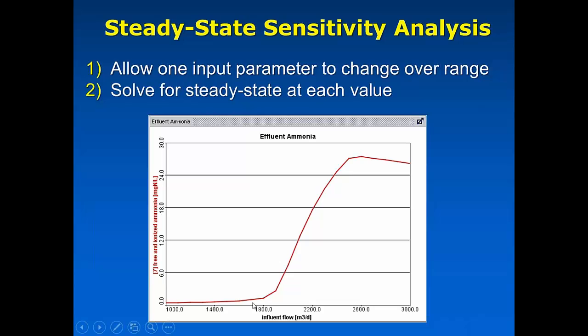So you're going to specify, I want to run this simulation over and over again while I change the influent flow from 1,000 up to 3,000 meters cubed per day. That allows us to see a value of the model output at each one of those steps along the way. And we're solving for a steady state solution at each one of those steps.